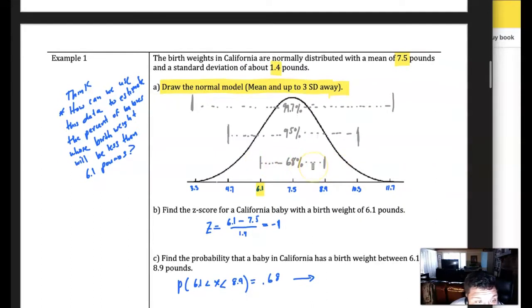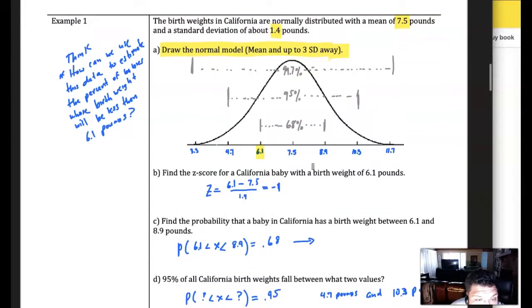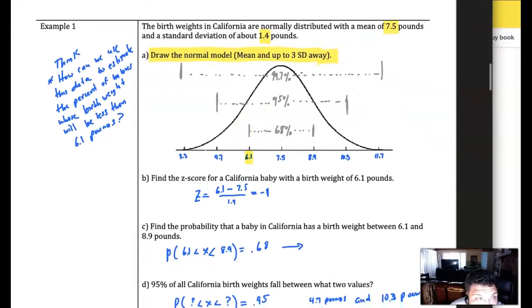So a way to think about it is, I know that those who are below 6.1 pounds are going to be all the children on this side of the curve.